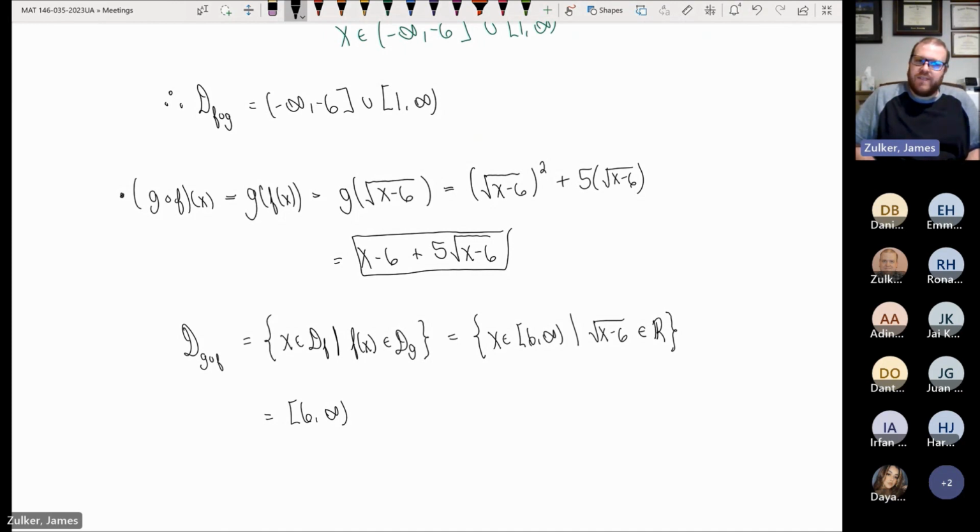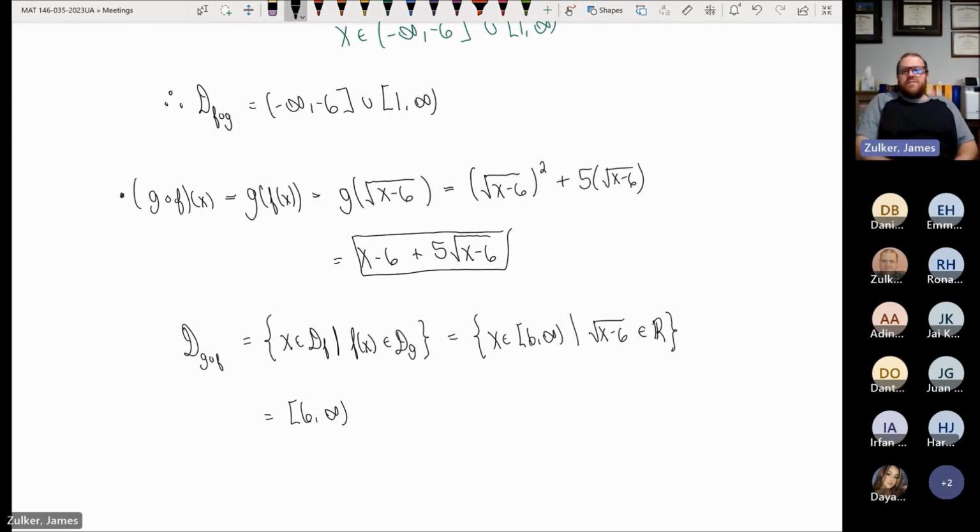But yes, the lowest the square root can be is 0, right? Which is a real number, right? So everything from 6 to infinity, take the square root of that minus 6, you're going to get a real number.